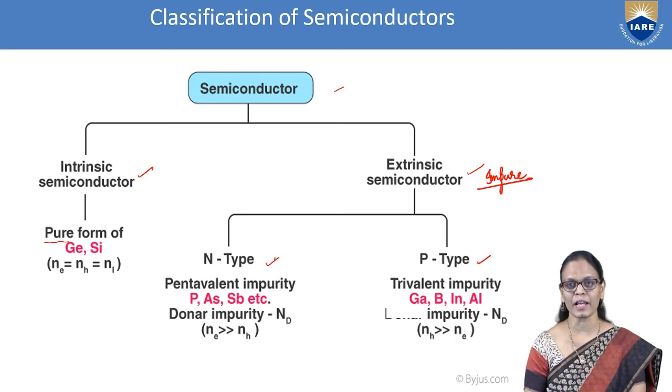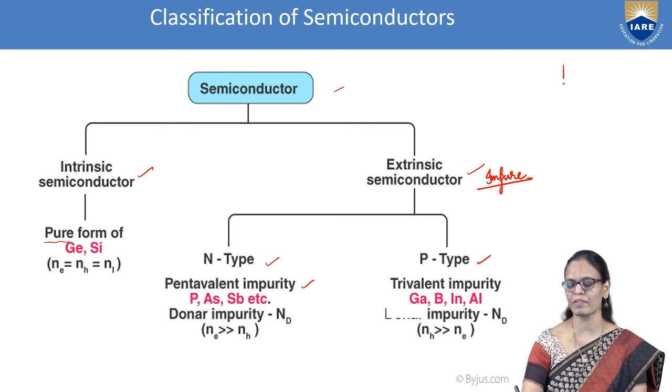In N type, we add a pentavalent impurity. Pentavalent impurity means atoms that belong to the elements of the fifth group. Penta means 5, so they have 5 valence electrons.